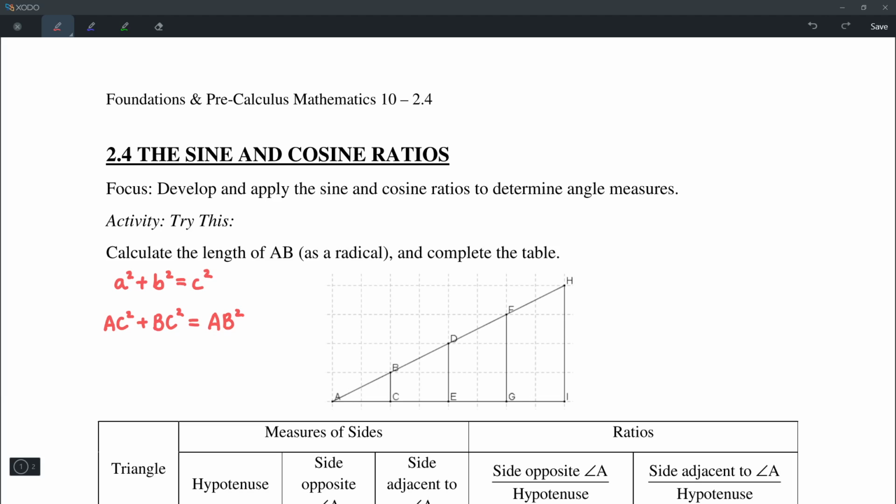So of course, AC has length 2, BC has length 1, and on the right-hand side, we have AB squared. So 2 squared is 4, 1 squared is 1, so 4 plus 1 gives us 5, is equal to AB squared. And the length AB will be equal to, as a radical, the square root of 5.